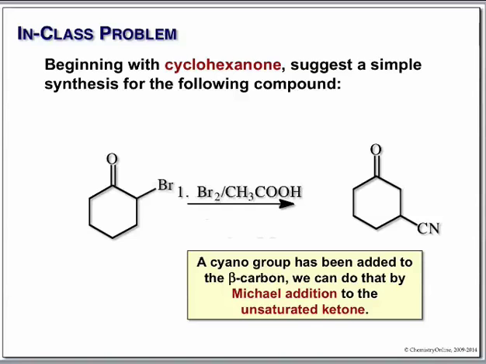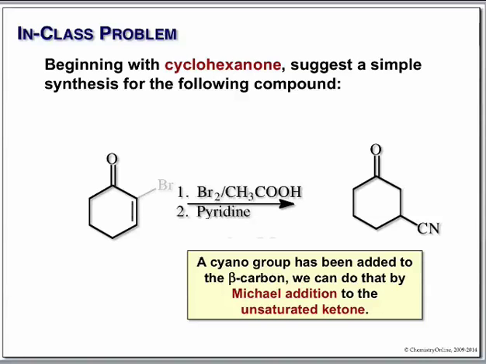Remember that one? First reaction we did with enolates. Once we have the alpha bromo, all we have to do is an E2 elimination to make the alpha beta unsaturated.